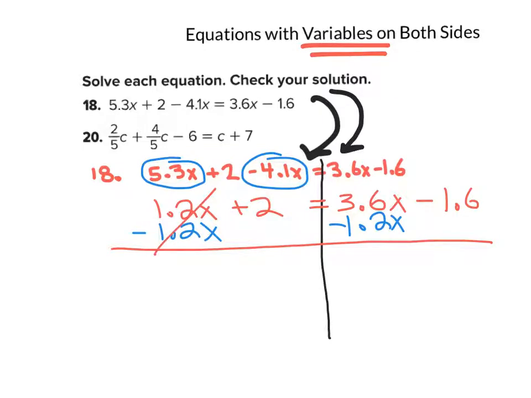Anything minus itself is 0, so I have 2 equals 2.4 times x minus 1.6. Now at this point, I have a two-step equation. I'll circle my variable, move my constant by adding 1.6 to each side.